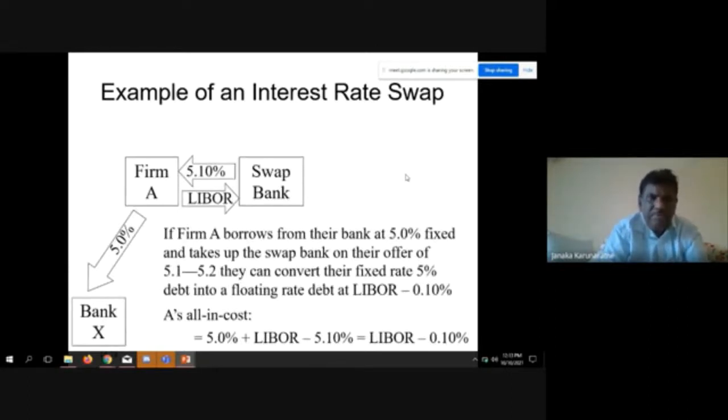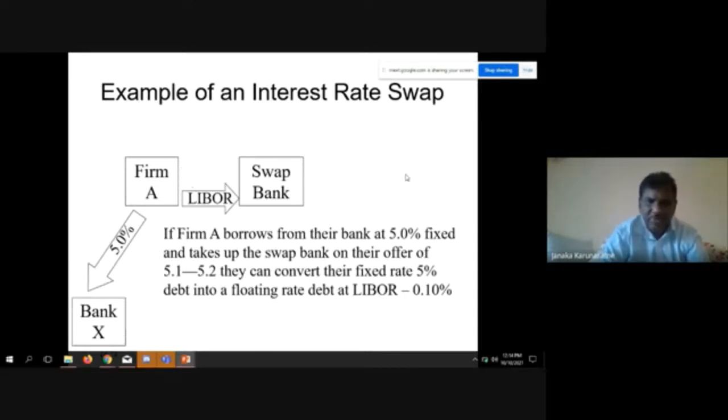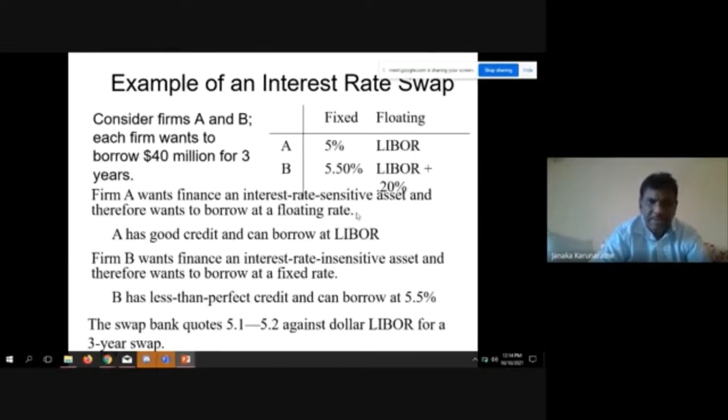Now, what firm A can do: firm A borrows from the bank at 5% because fixed rate they can get at 5%. And they enter into a swap deal with the swap bank. Now, the swap bank has quoted 5.1% against 5.2% for a 3-year swap.